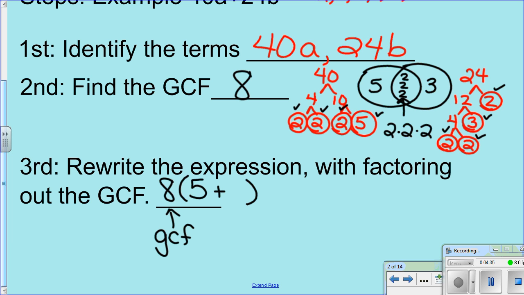We put our addition sign with them, and then on the other side, we have a 3. Now, one last piece, we have to look for variables. Attached to the 40 was an A, so attached to the 5, we need an A, and attached to the 3, we will need a B. Not all of your examples will have variables, but you do need to look for them and include them in your final answer.